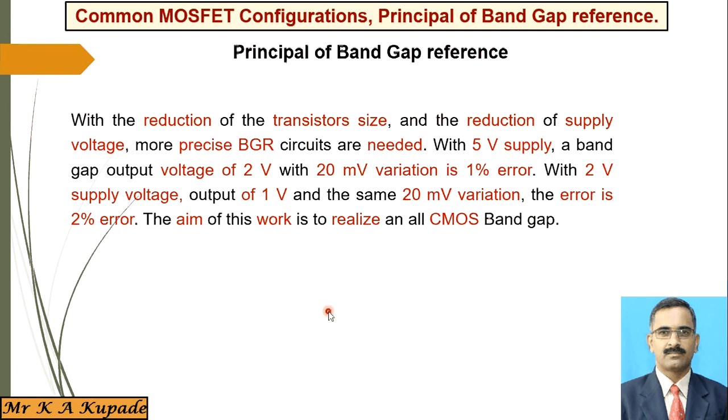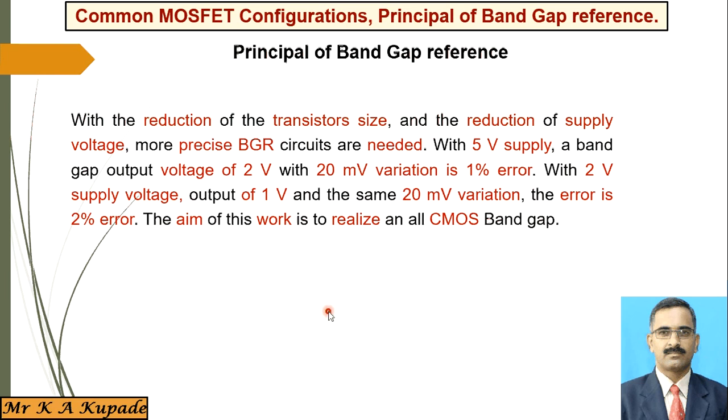As the technology advances, there is a tremendous change in electronic components. So as the size of the transistor and the supply voltage are reduced, more precise band gap reference circuits are needed.